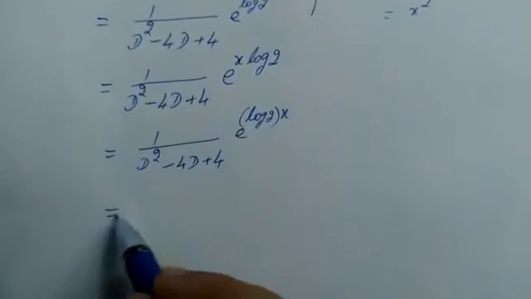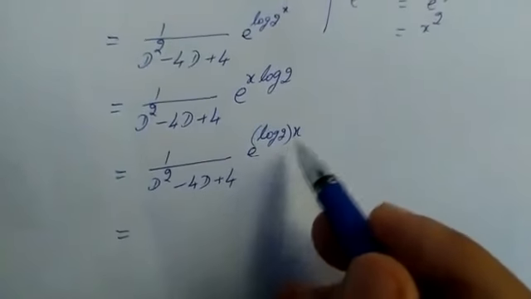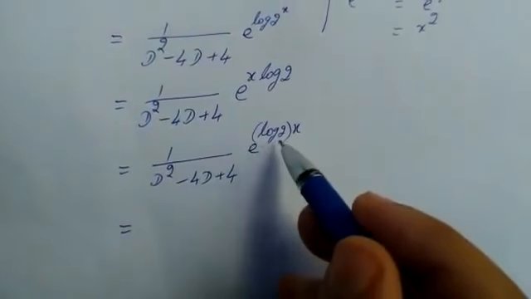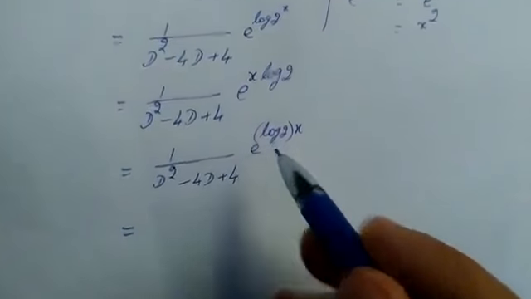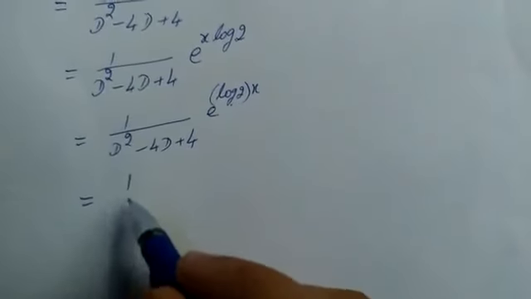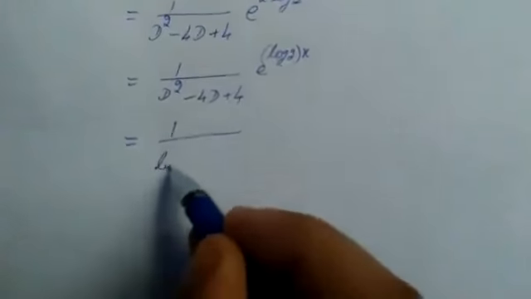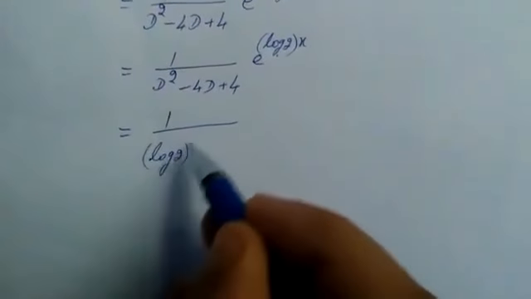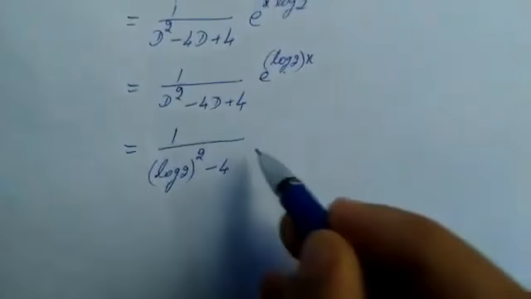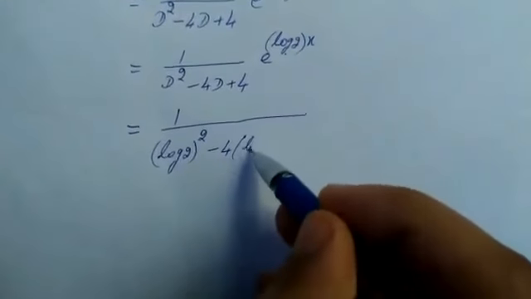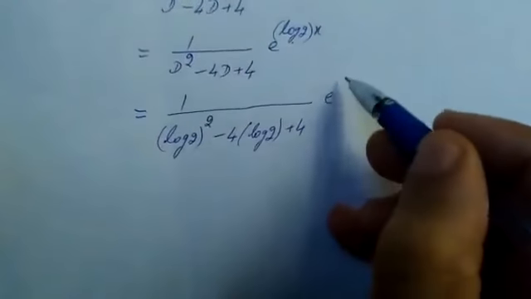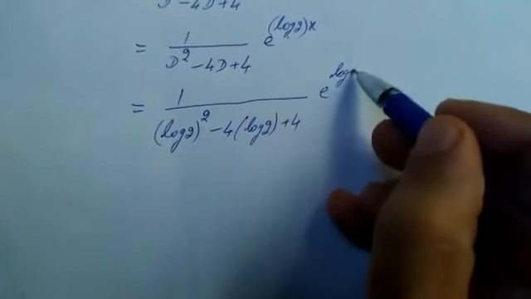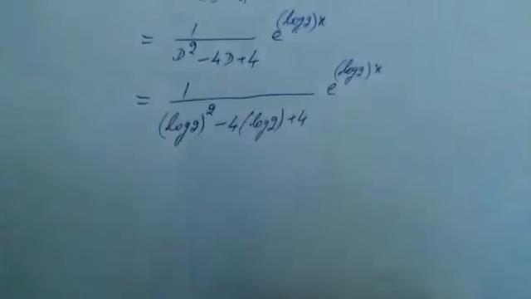So, now this is the ordinary form. Coefficient of x is log 2. So, in the place of D, we can replace with log 2. So, this will be 1 by (log 2) the whole square minus 4 into log 2 plus 4, into e raised to (log 2) into x.